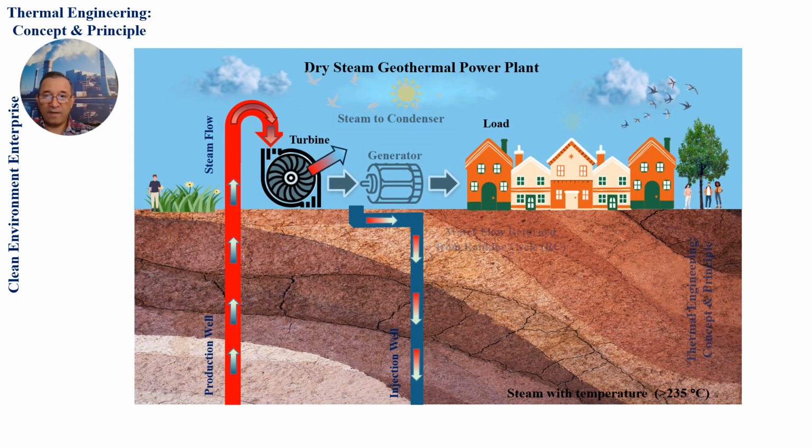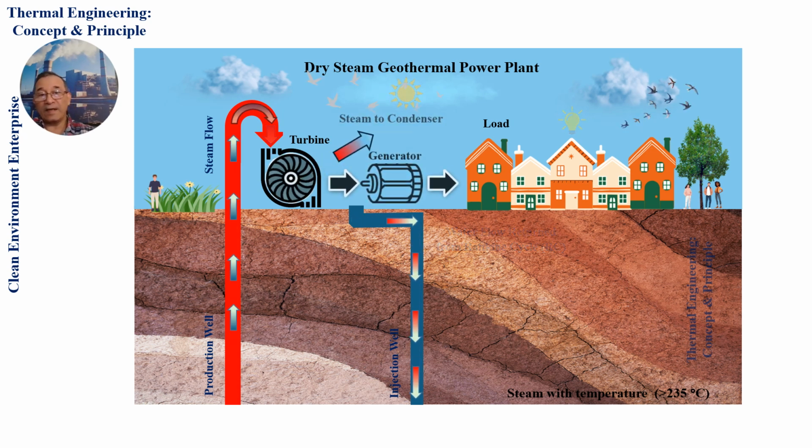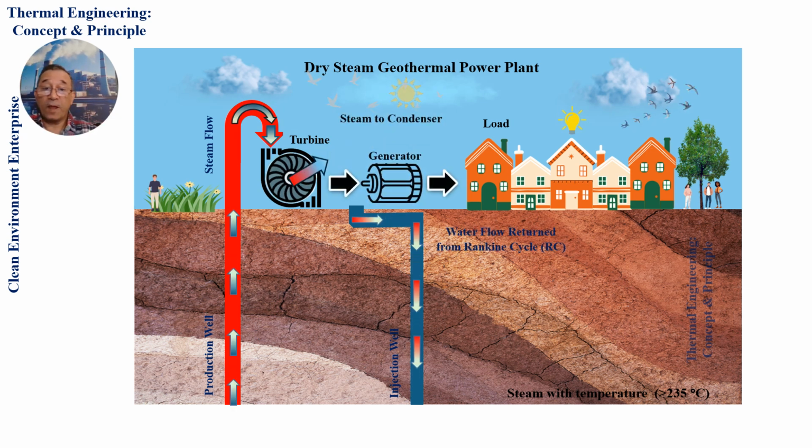And now let us talk about thermal energy and how geothermal energy is converted to electricity. For this cycle, we have a system called the dry steam geothermal power plant. In this system, steam is extracted from the earth.